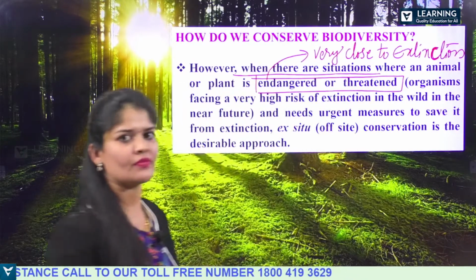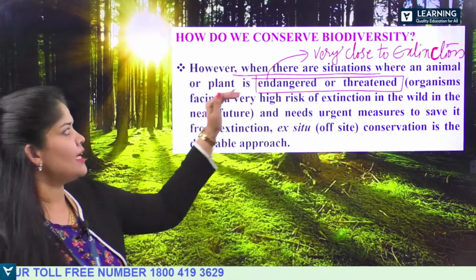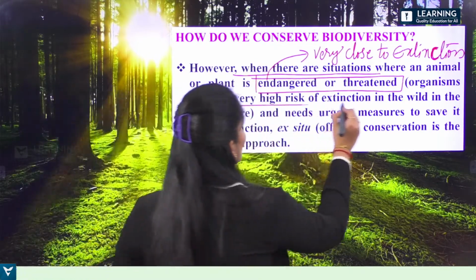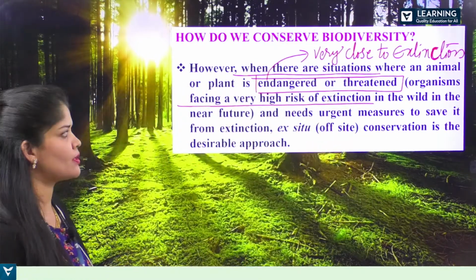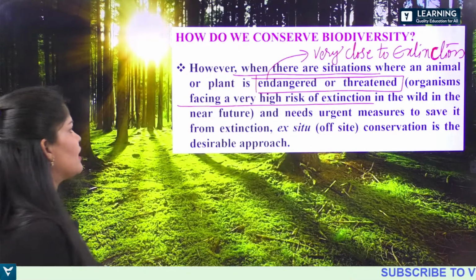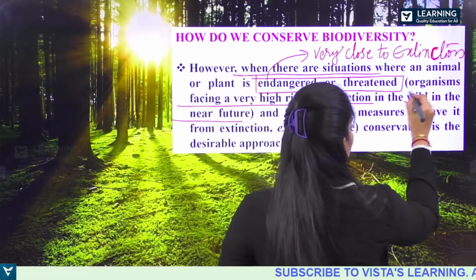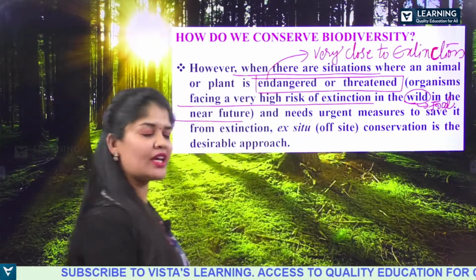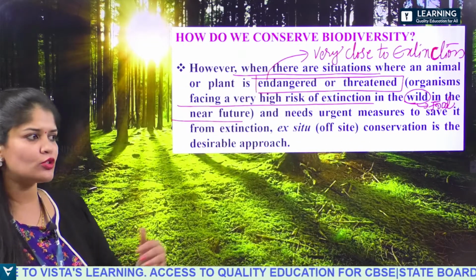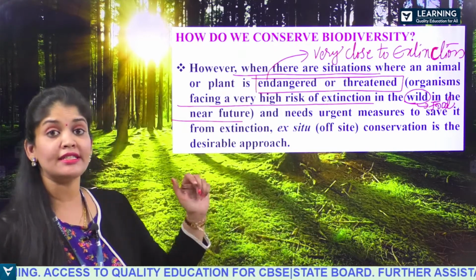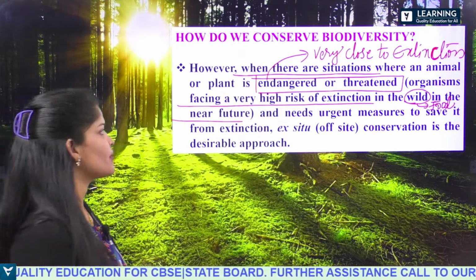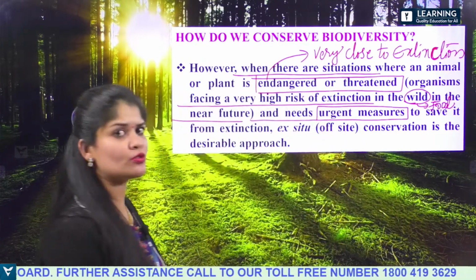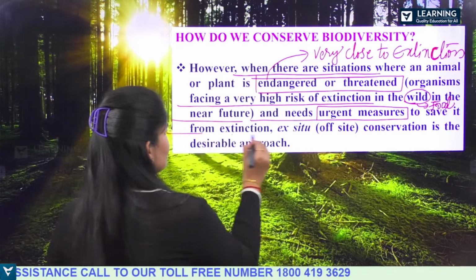Endangered or threatened species are organisms facing a very high risk of extinction in the wild, that means in the forest, in the near future. In the coming near future, those organisms which are at a very high risk of being extinct are going to become extinct. That we call an endangered or threatened species, and it needs urgent, very immediate measures to save it from extinction.